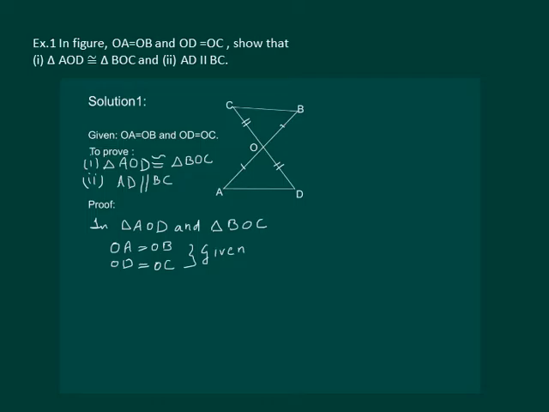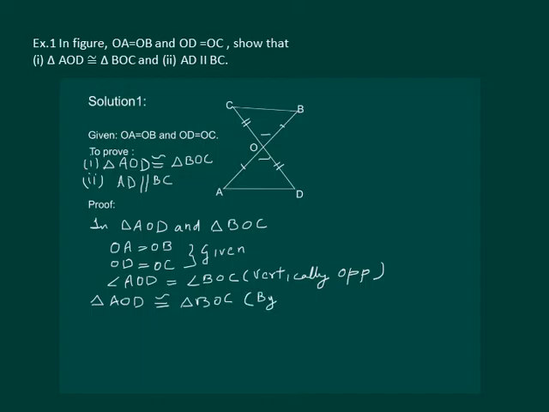So let us write that angle AOD is equal to angle BOC since they are vertically opposite. And this implies that triangle AOD is congruent to triangle BOC by SAS property.